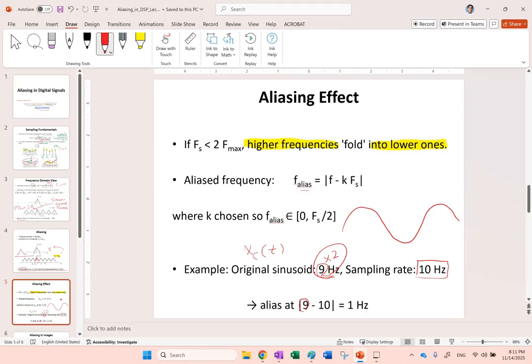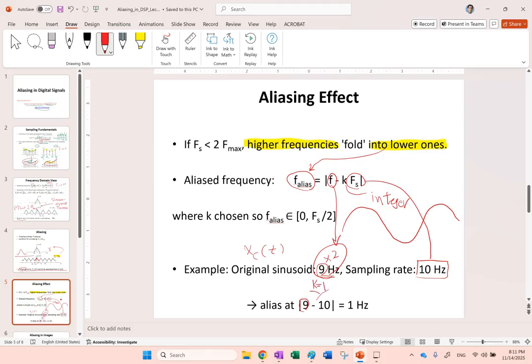So the alias frequencies, the frequencies that you will see, are going to be the absolute value of f, which is whatever the frequency was, in this case 9, minus k. This k is an integer, so it could be 0, 1, 2, and so on, times your sampling frequency. This is done with a k of 1.